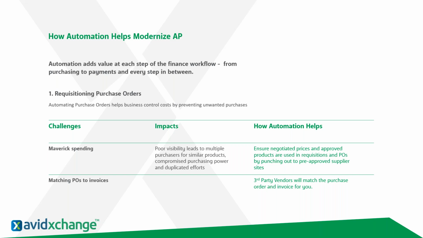It'll also ensure negotiated price and approved products are used, kind of the nature of a PO, and all regulated through the electronic approval workflow. So if you've got a PO system, it's just like the invoice system. It goes through an approval process, and once it's finally approved, that PO will then be emailed to the vendor.